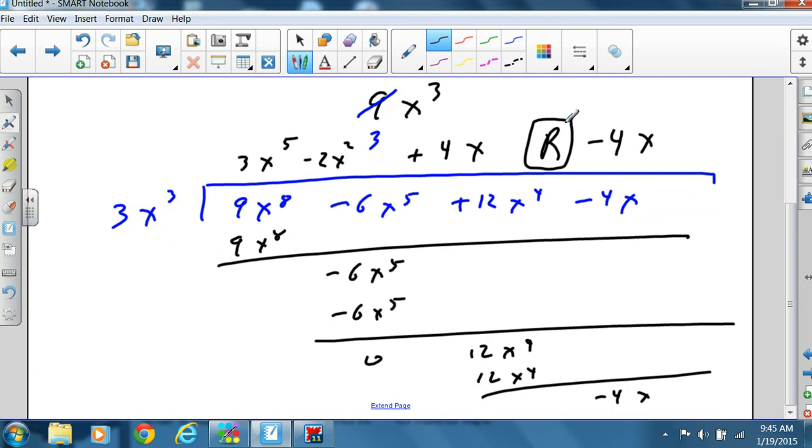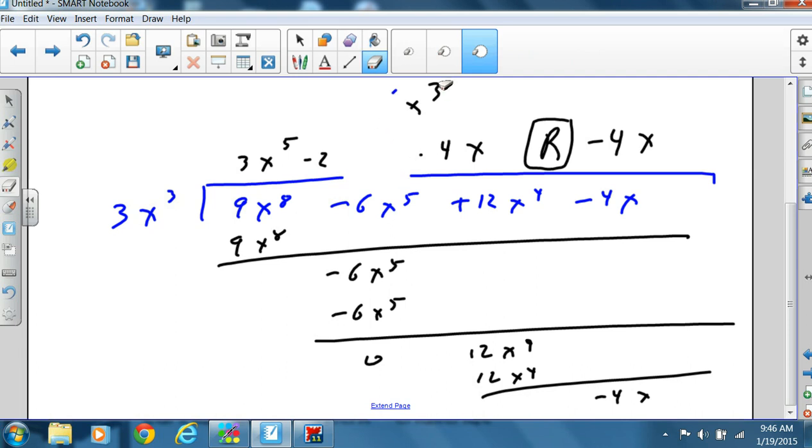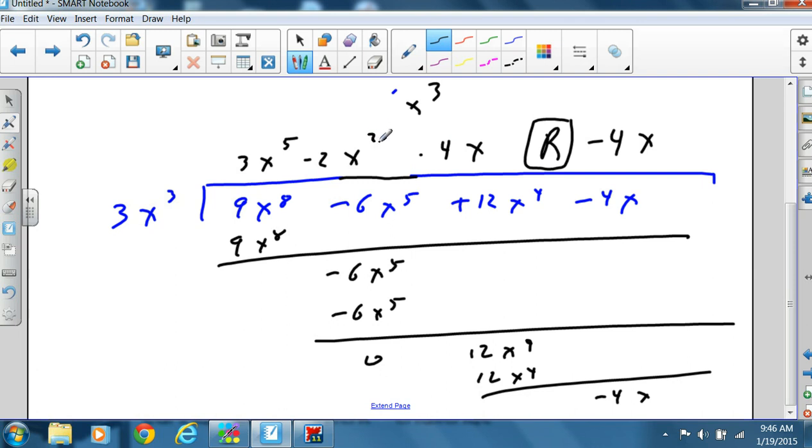Besides this stupid 3 being here, that was wonderful. So put that line back, and this was 2x squared plus, and then we'll put this 9 back here, and cross it out there and put a 3 up there. Okay, good enough?